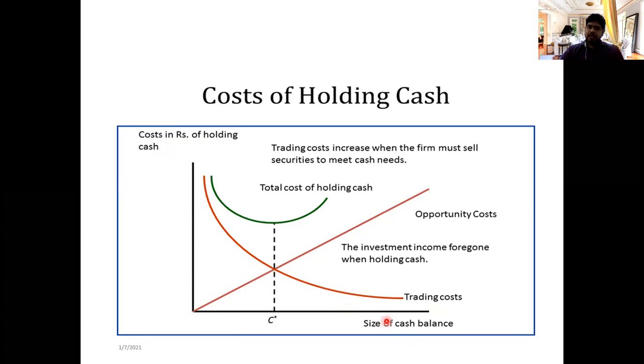When you keep more money in your hand, when the size of cash balance increases, you are encountering opportunity cost. You will lose your investment income. So when you keep more money in your hand, the cost of holding cash increases.